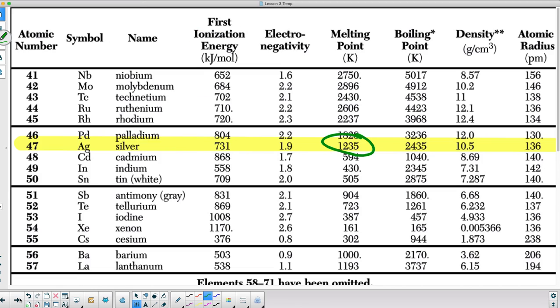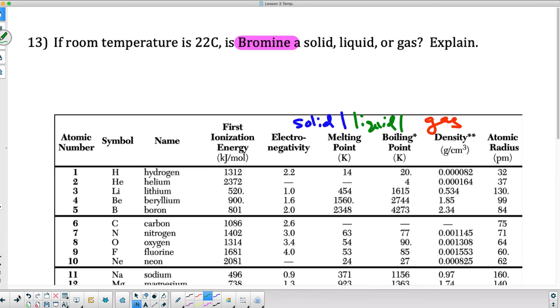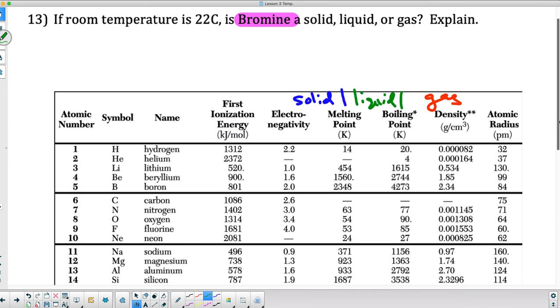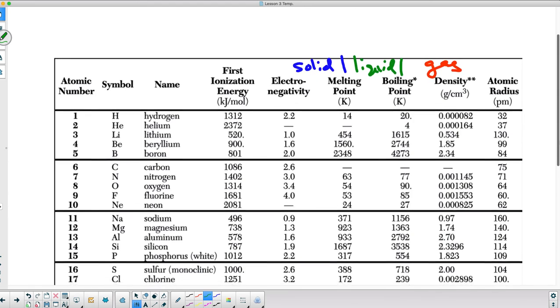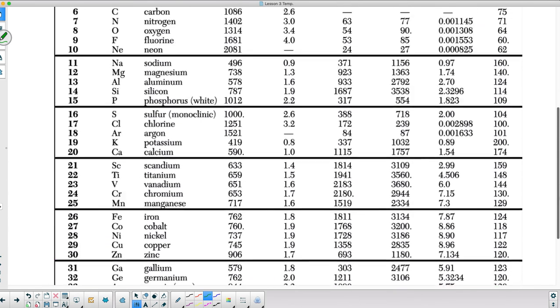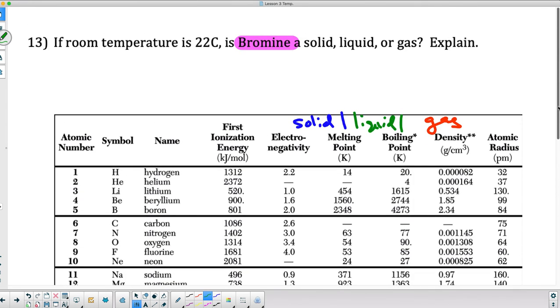And we have our last one then that explains how to do bromine. I'm writing down the same thing here for you. It says, is bromine a solid, liquid, or gas at 22 degrees Celsius? Bromine's down at the bottom here. Now here's the problem. This is 22 degrees Celsius.